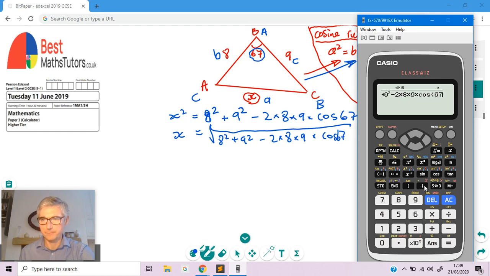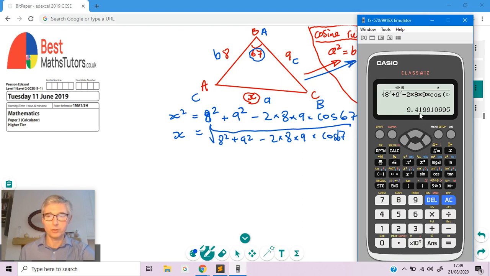Just close that bracket and go equals. That should give me my answer. So what I found out then is X, or in other words, the line AC, is actually equal to 9.4199, etc.